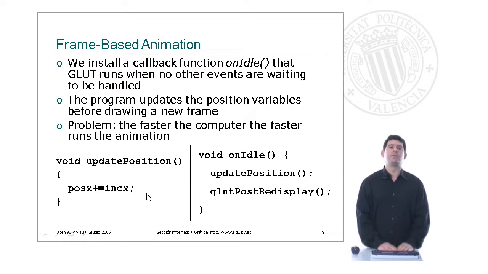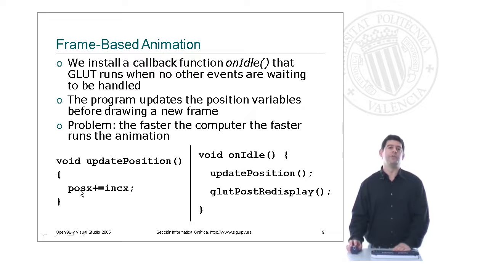Here we install an onIdle callback function that GLUT will run when no other events are waiting to be handled. The program updates the position variables before drawing a new frame inside of this function, and then it invokes the glutPostRedisplay function. So basically, we will have this idle function that updates the position.